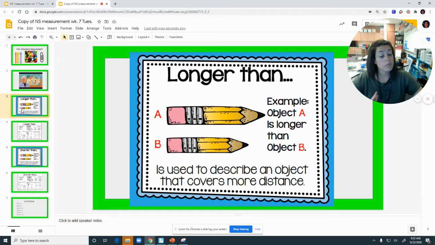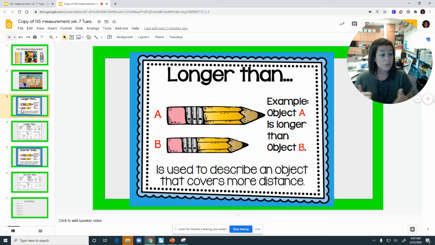So we can use the words longer than to help us describe our different objects. If you look here, we have pencil A and pencil B. Well, object A is longer than object B. It's used to describe an object that covers more distance.